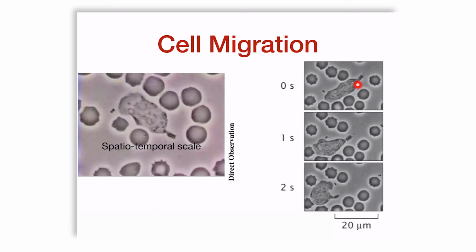But we are interested in the rate, the time scale, right? So we are interested in knowing how fast a cell migrates. So in order to address that, if we use direct observation as a method, then using the scale bar of 20 microns, knowing that it moved in 1 second by about 1/20th of that, we know it is moving 1 micron per second or 60 microns per minute.